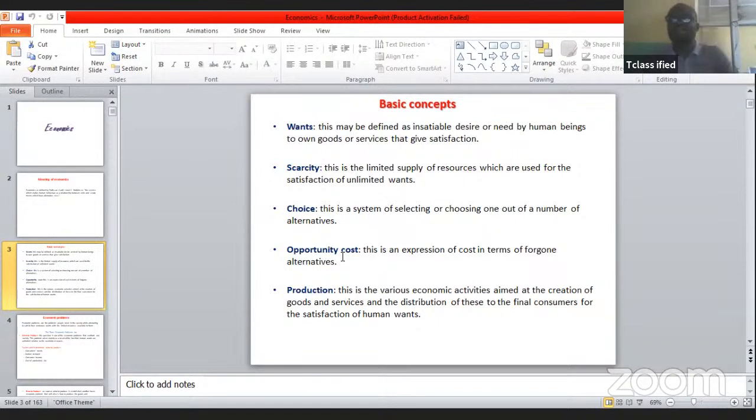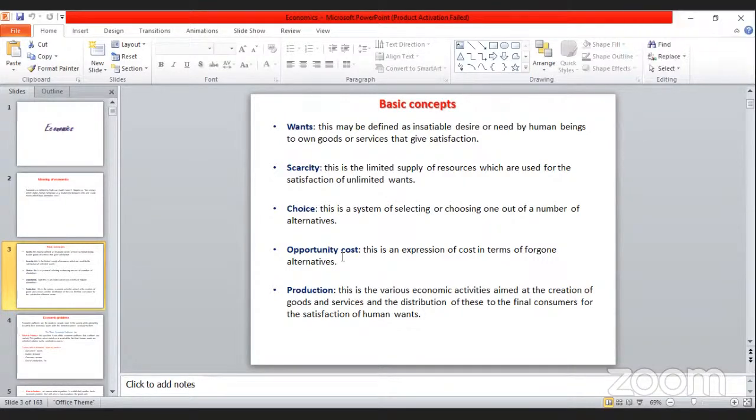They are insatiable. You cannot satisfy them. Even if they buy you the latest Range Rover Sport, tomorrow you say you want a Cadillac. So wants are those things that you're never satisfied about.